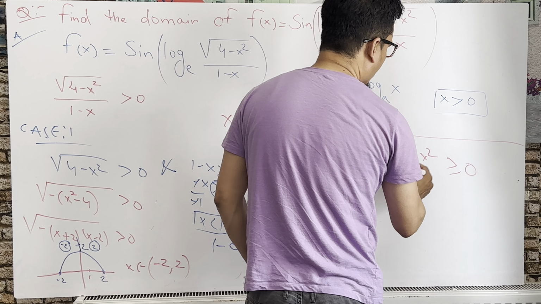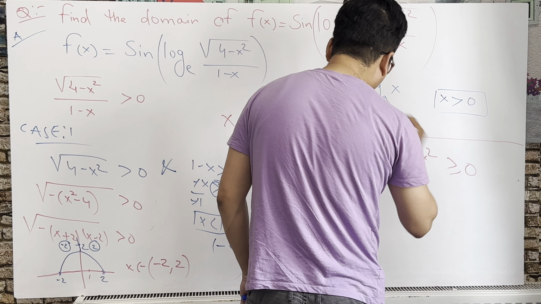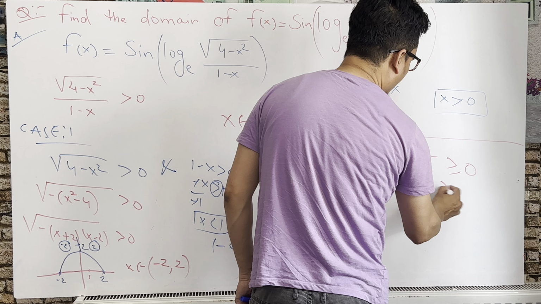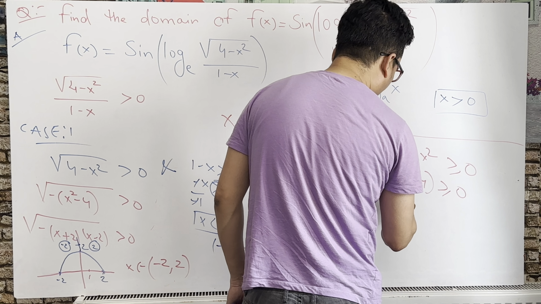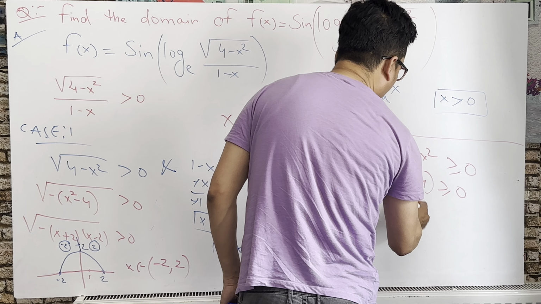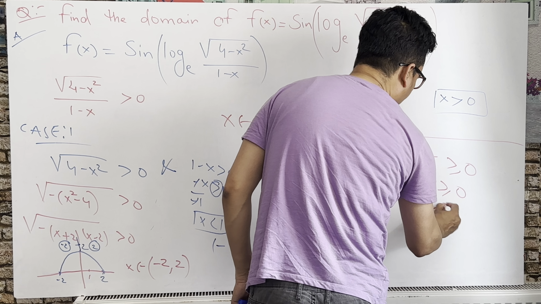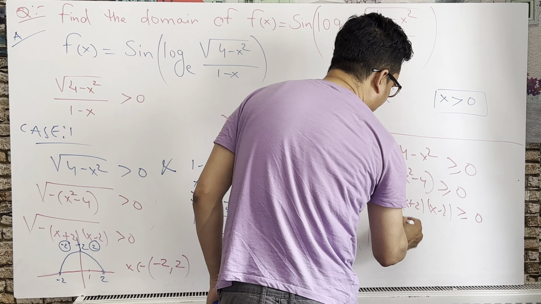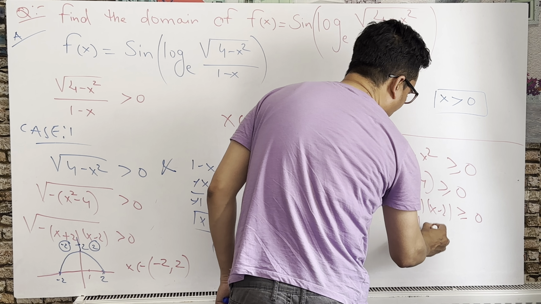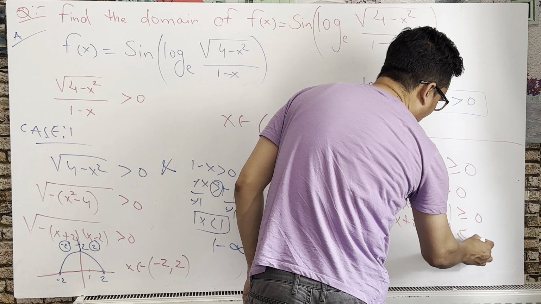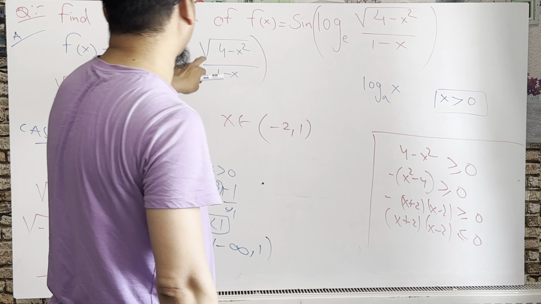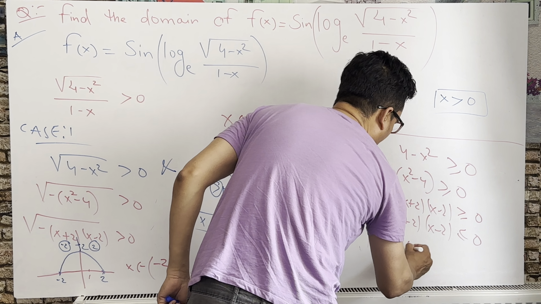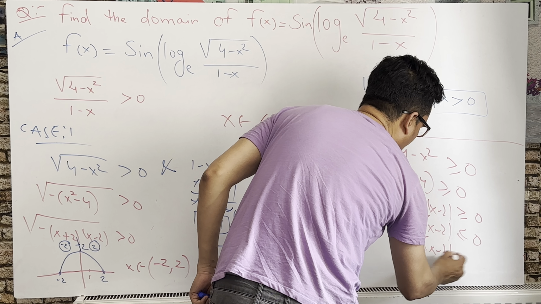This is x square minus 4, then minus x plus 2, x minus 2, and when you divide by minus, the inequality changes. So x plus 2, x minus 2. And this cannot be 0, because if this is 0, the function does not exist. Just less than 0: x plus 2, x minus 2 less than 0.